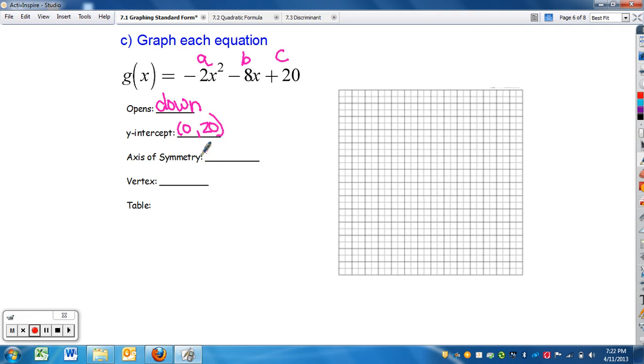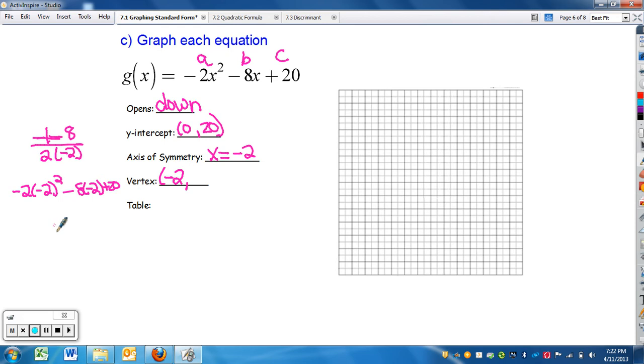My axis of symmetry is negative 8 divided by 2 times negative 2. Negative makes it positive. This gives me x equals negative 2. Find my vertex. It's going to be at negative 2. So plugging in, I get negative 2 times negative 2 squared minus 8 times negative 2 plus 20.